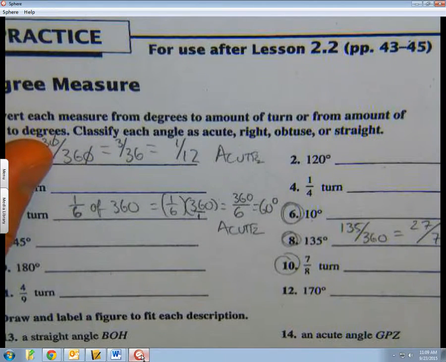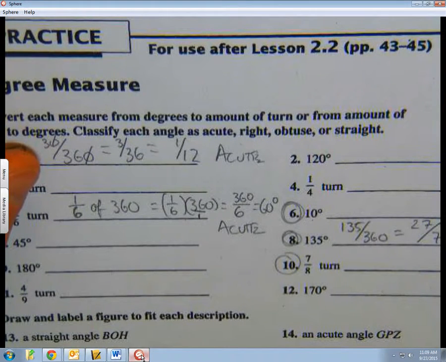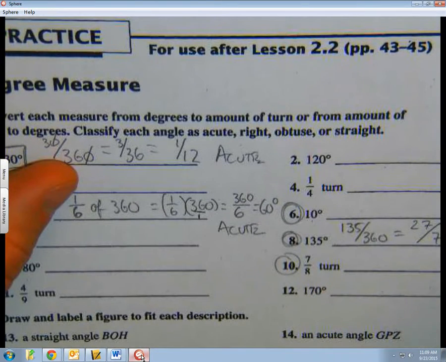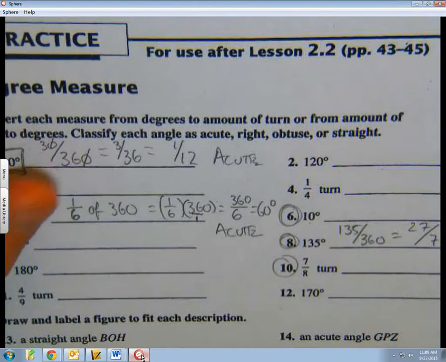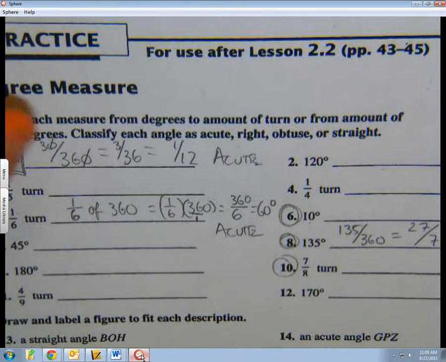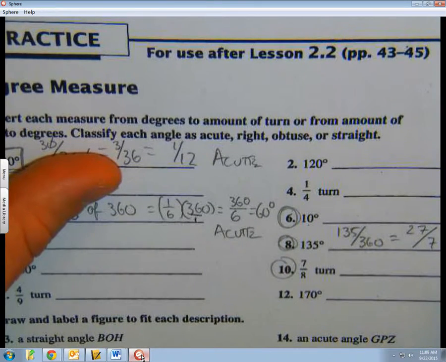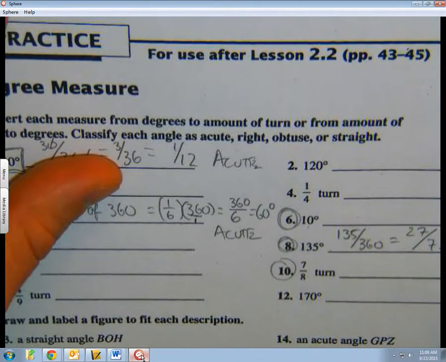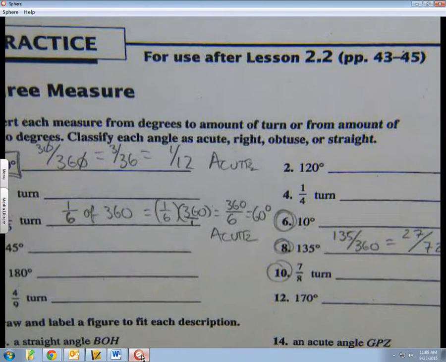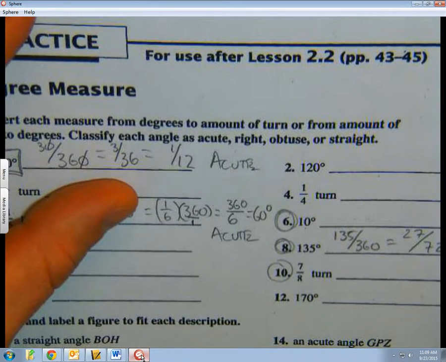I think 3 goes into each one of those as well, so I'm going to try that. And I get 3 goes into 27 9 times, and 3 goes into 72 24 times. And I think 3 goes into both of those things again. So now I've got 3 over 8. My bad. Okay, so 3 over 8.